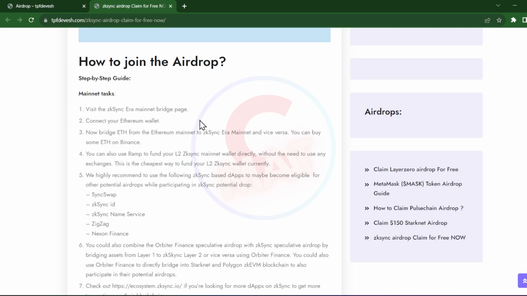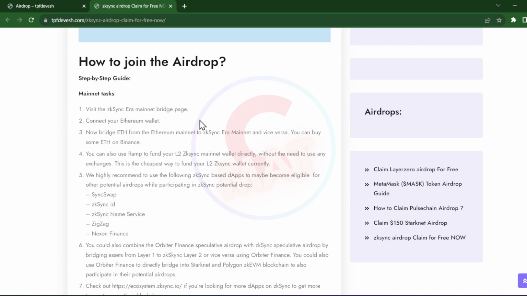Then you need to transact from one network to a second network, and you can also combine the Orbiter Finance speculation airdrop with the zkSync airdrop by bridging assets from layer 1 to layer 2. That means you can also transact layer 1 to layer 2 and use the zkSync Era bridge.